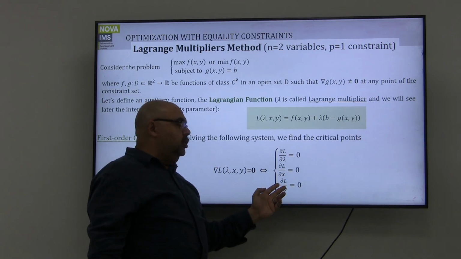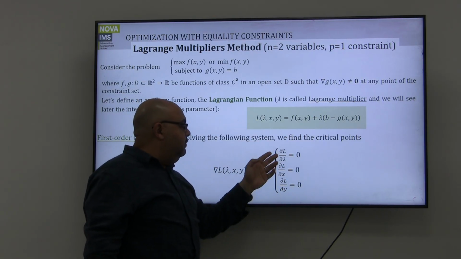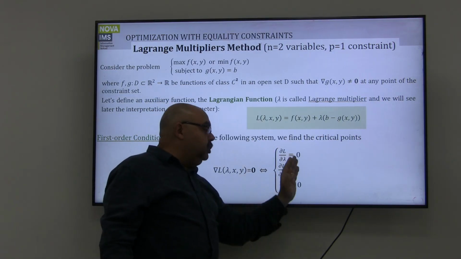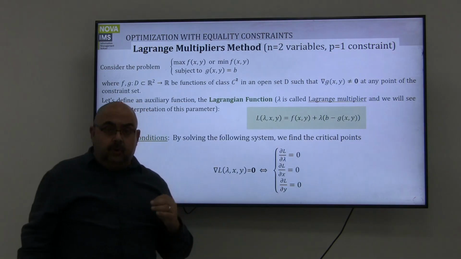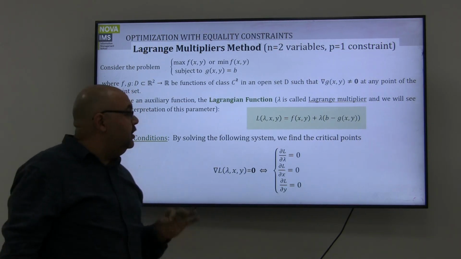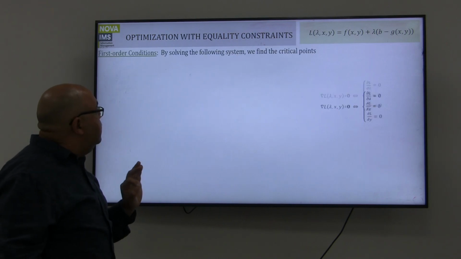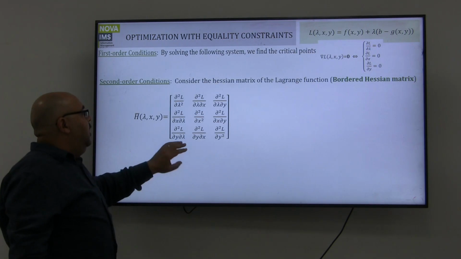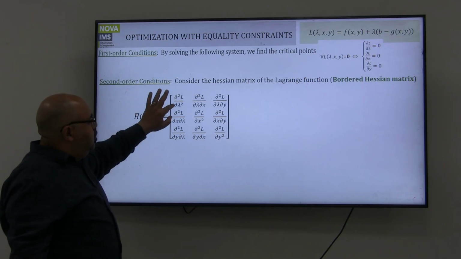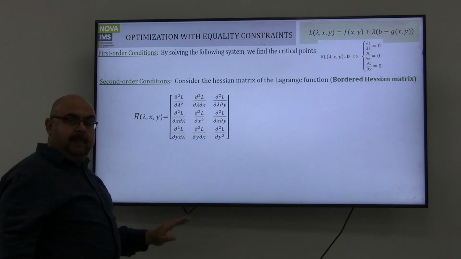These are the partial derivatives of the Lagrangian with respect to lambda, x, and y. Setting them equal to 0, getting the gradient vector equal to 0, you will get the critical or stationary point. But here I will use the Hessian matrix of the Lagrangian function, which is given by partial 2L over partial lambda square, partial 2L over partial lambda partial x, and so on.